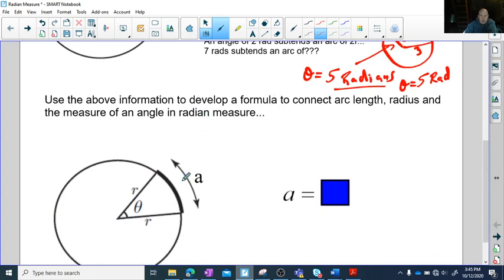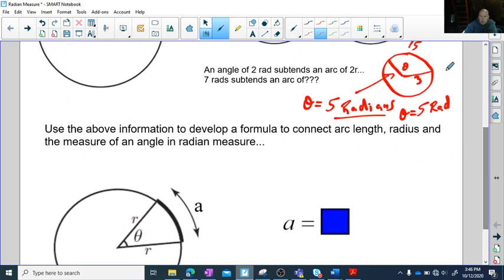We're going to take that little discussion we just had and turn it into a formula. Is there any way to calculate theta if you know the arc and the radius? I just did one where I knew this and I knew this, and I calculated my angle.